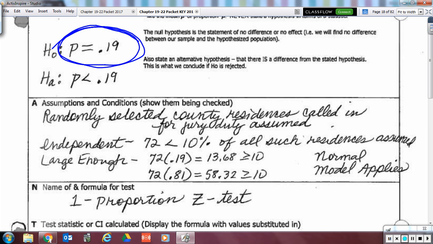So I failed to reject the proportion of residences that are called in for jury duty that are Hispanic is 19%. So I just restated H0 in words.